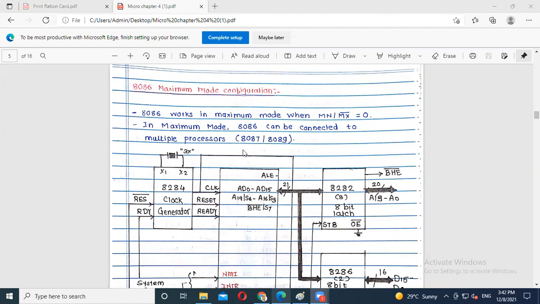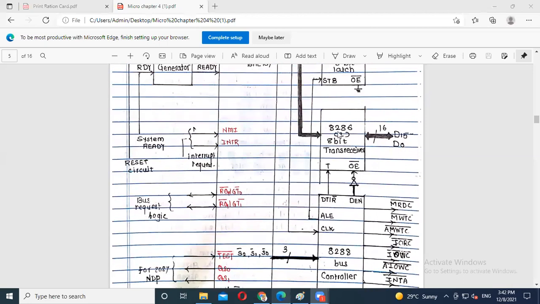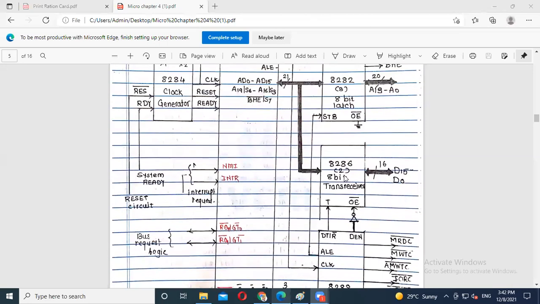In this maximum mode configuration, you are going to use the same chips: one clock generator, the 8284 chip, one 8-bit latch, the 8282 chip, and one more chip, the 8286. These three chips are used in the minimum mode configuration.